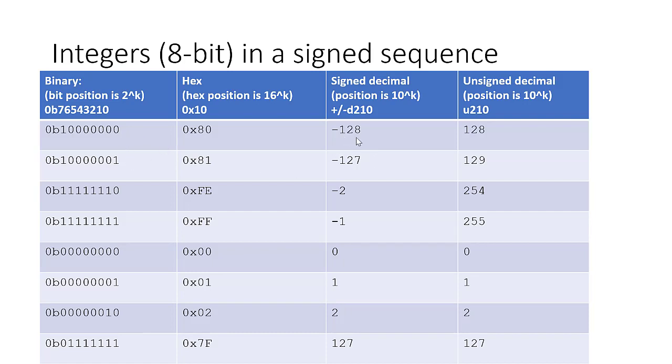If I had that as -128 and I add 1 to it, I do get a 1 there and an 81. So that's how the signed sequence works, with 0 sort of in the middle of it.